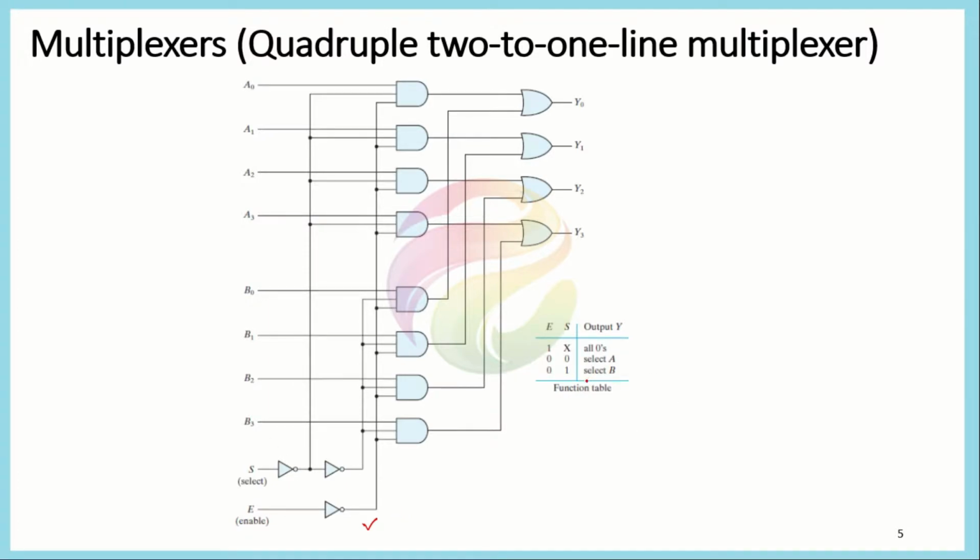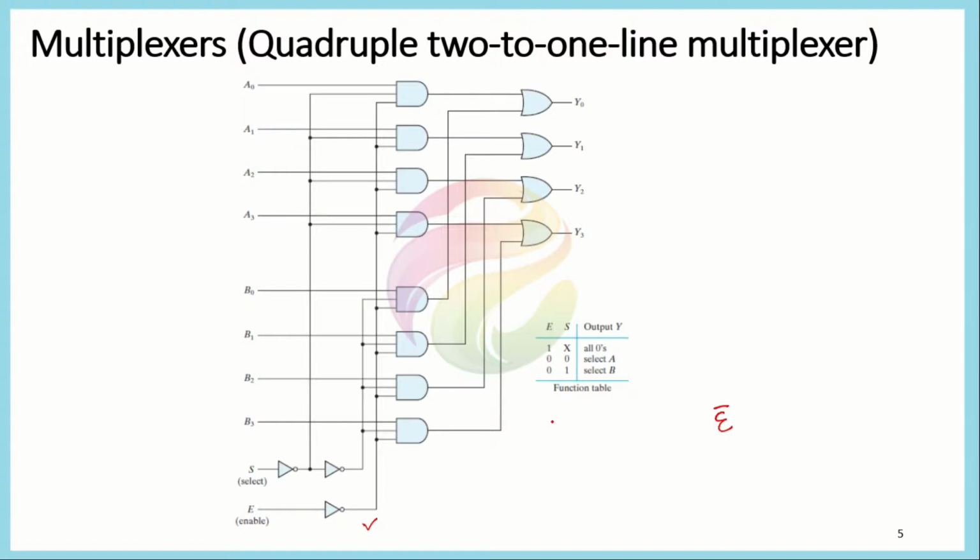If you look at this truth table, for this circuit we have an active low enable. Active low enable means we can also represent this E sometimes as E complement, or we have to look at the truth table to identify whether it is active low or active high.